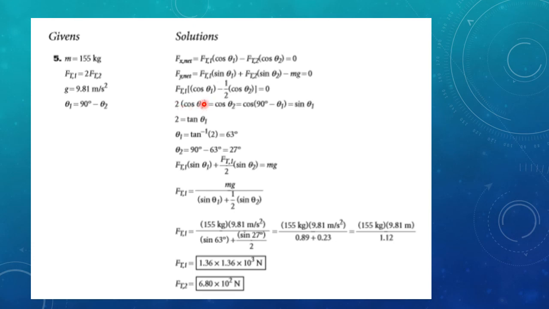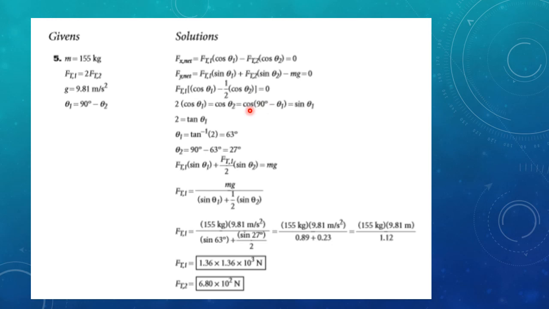Condensing these two, simplifying, pulling it out, you have 2 times the cosine of angle 1, which is going to equal the cosine of angle 2. All of this will equal the cosine of 90 minus angle 1, which is a reference back to here.